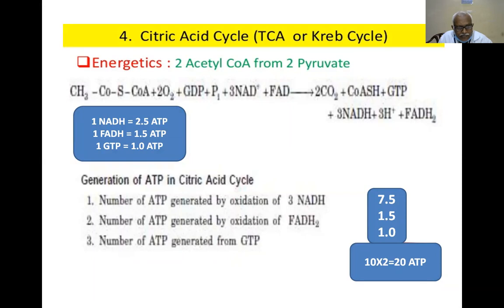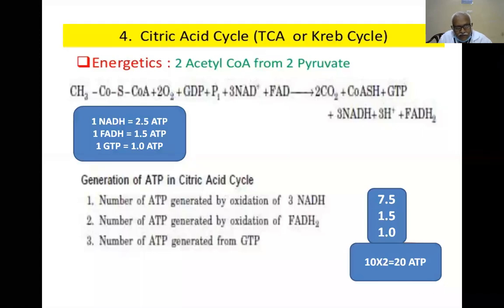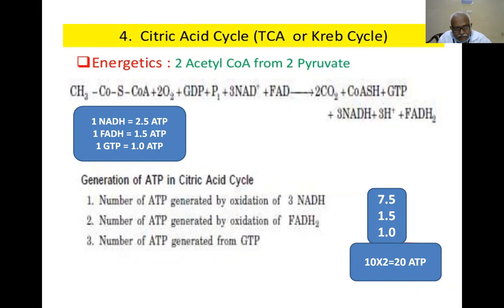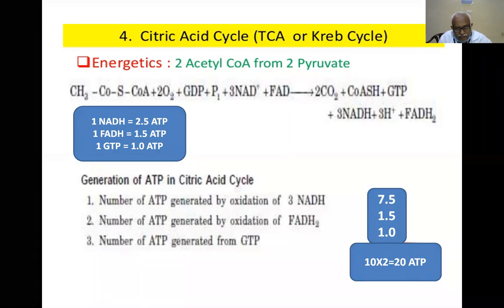The number of ATP generated by oxidation of 3 NADH: 2.5 into 3, so we got 7.5. The number of ATP generated by oxidation of FADH2 is 1.5 ATP. The number of ATP generated from GTP is only 1.